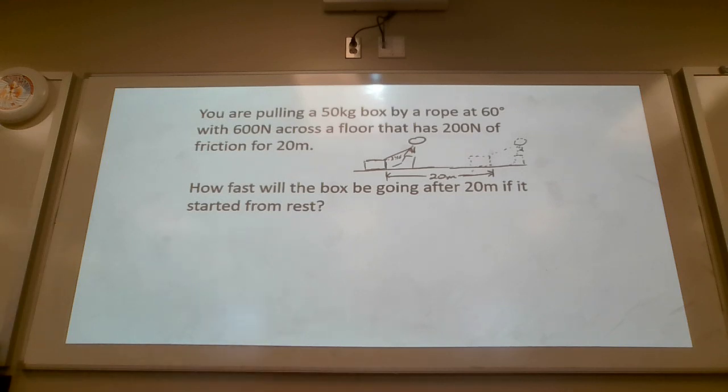Work and energy is a secondary approach, an alternative way to solve this problem. For this chapter, I want you to do the work and energy approach. When it comes time for the final, I don't care. You can pick either way.